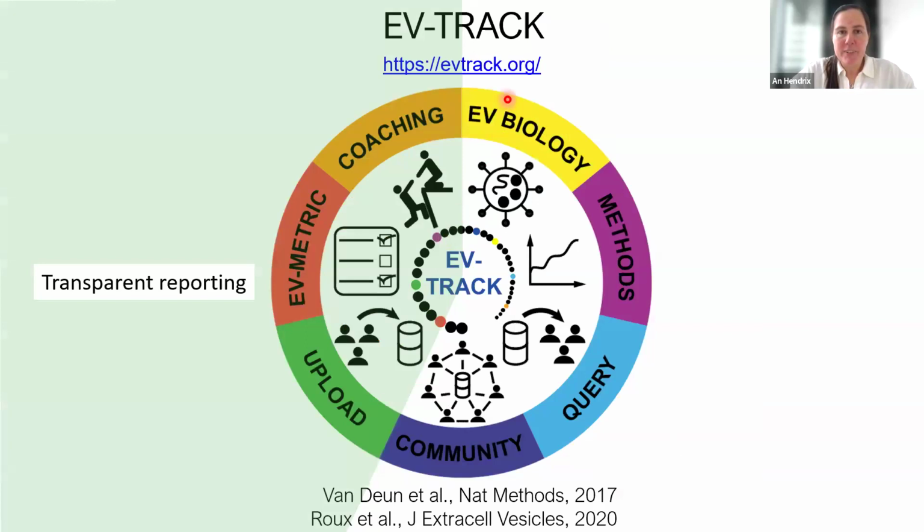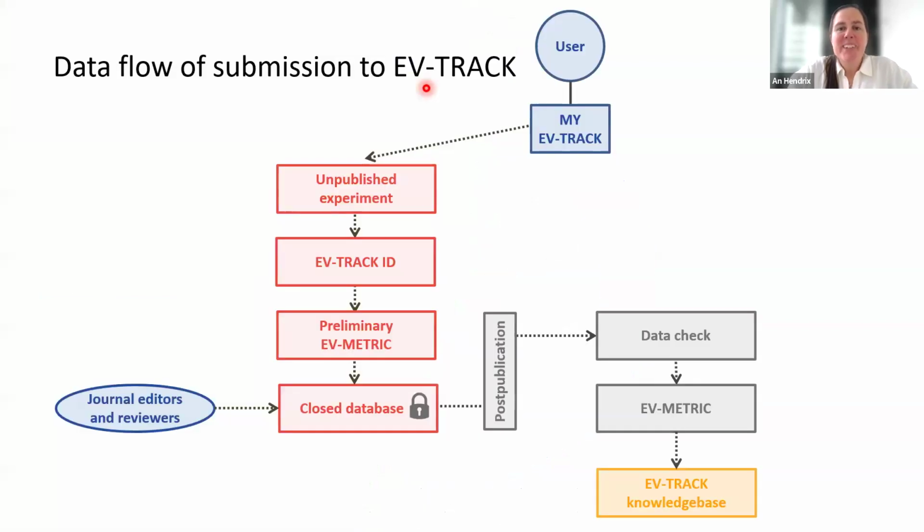First of all, you go to the EV-TRACK website, and there you can create a login. So you develop a My EV-TRACK account, which is just requesting an email address and a password. And then you get access to a survey where you can upload your unpublished experiments.